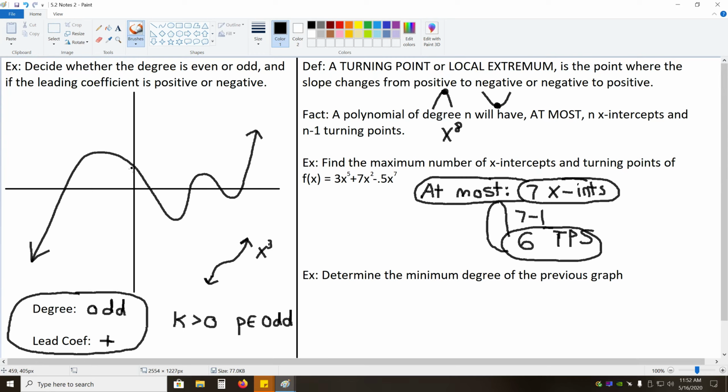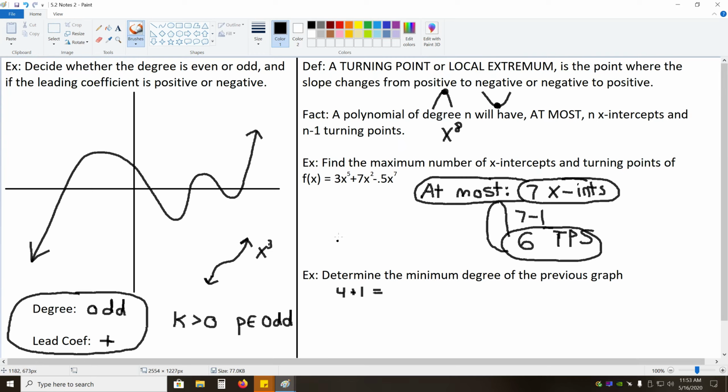We have 1, 2, 3, 4 turning points. And remember, this fact says you will have at most n minus 1 turning points. So if the graph has 4 turning points, then the degree had to be at least 1 more than the number of turning points.